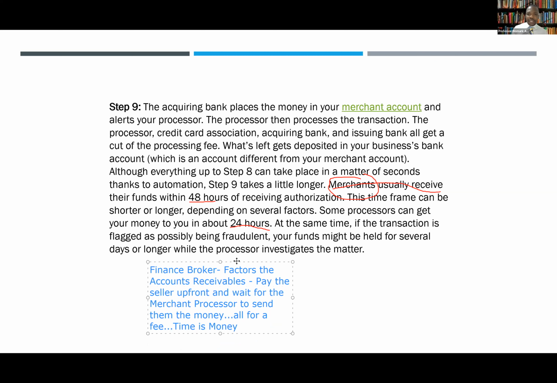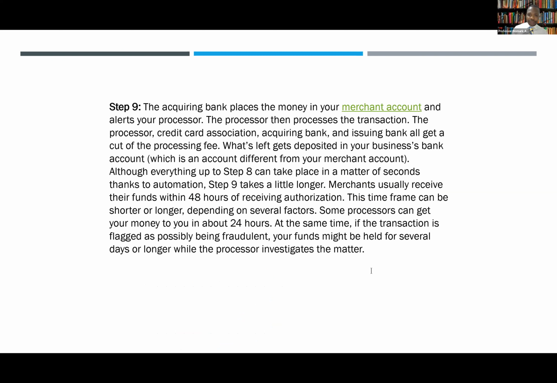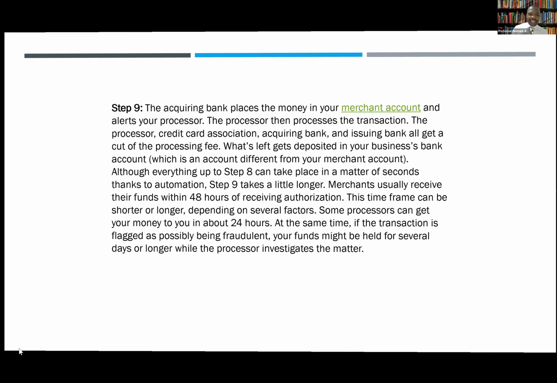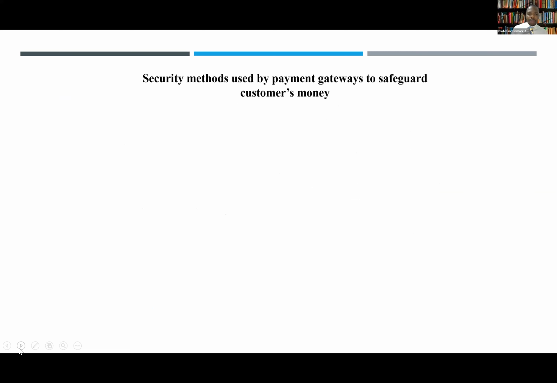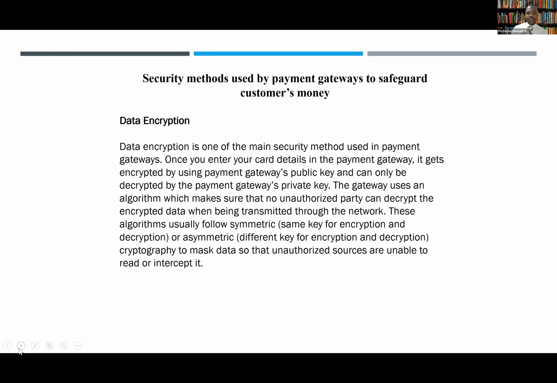We have a few more minutes left in class, so that's step number 9. And I hope this is very, very helpful to you because we're going into great detail about how merchants really work. And we know, as we said already, there are some core functions of payment gateways that will make people feel very comfortable.